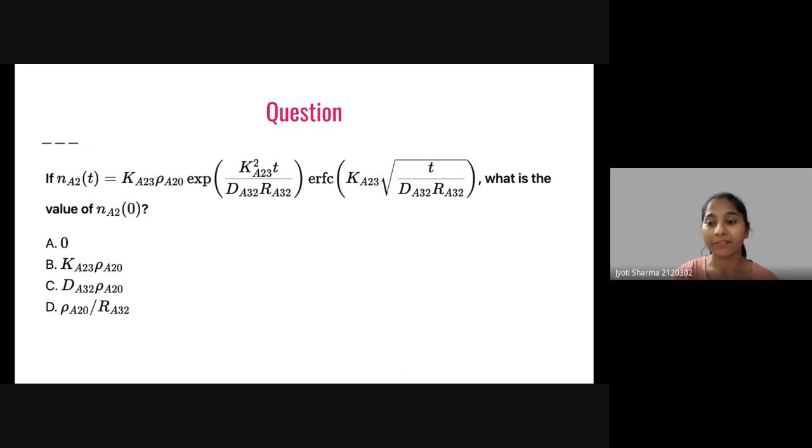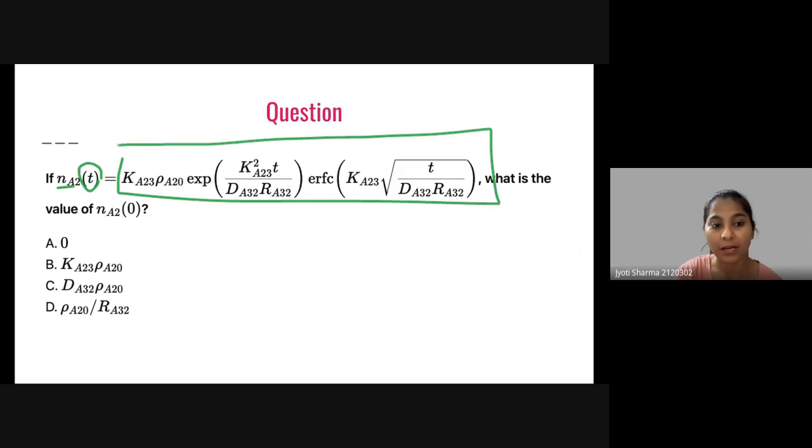Okay, now we have a very complex term, but this complex term is saying that your flux of A in the pore water is a function of time t, and your flux has been defined by this long term. So, what if we want to calculate our flux of A in the pore water when time is equal to 0?